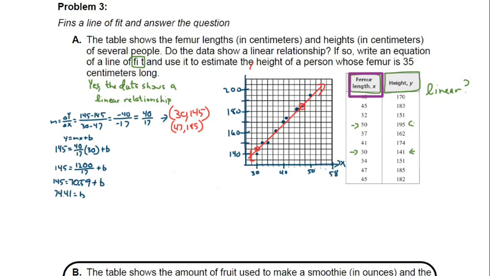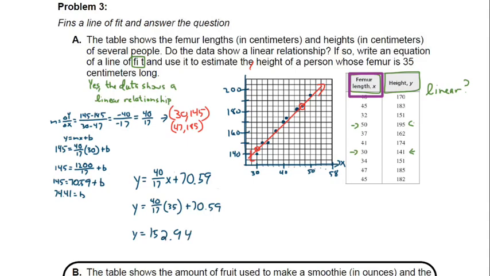So, let me burn through this real quick. Y equals 40 over 17x plus 70.59. Okay, and they want to know to estimate the height whose femur is 35. So I'm going to plug in 35 for x. 40 over 17, 35 plus 70.59. Let me pause real quick and crunch that number. And so in this case, y equals 152.94.